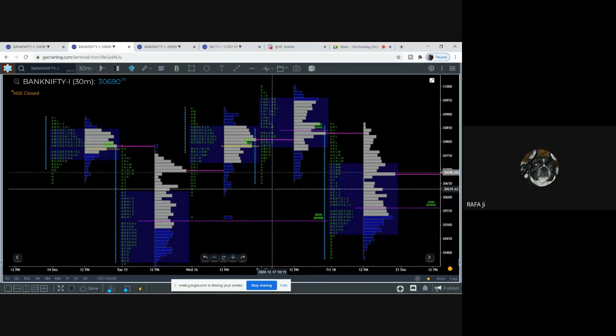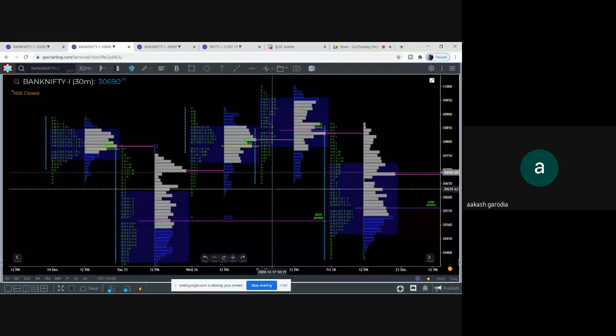If we can understand that the average range of the market for the last 5 or 6 days has been somewhere around 100 points, and the initial balance for the day starts with some 30 or 40 points, you can expect the market to move another 40 or 60 points up or down, depending upon how much the initial balance is.